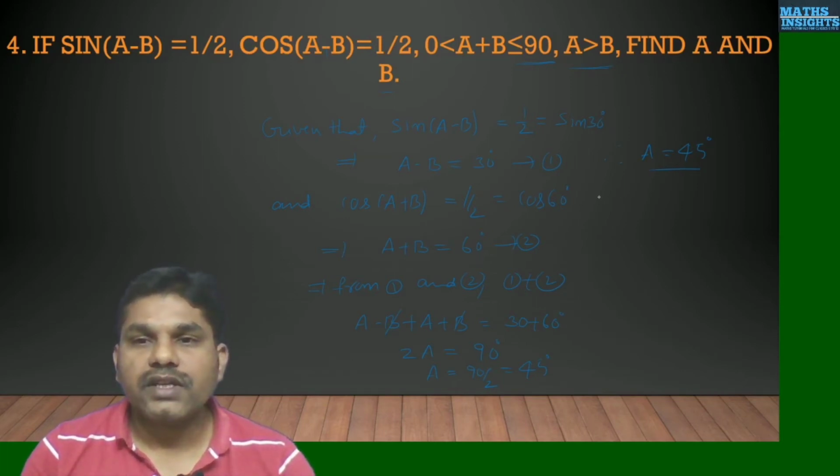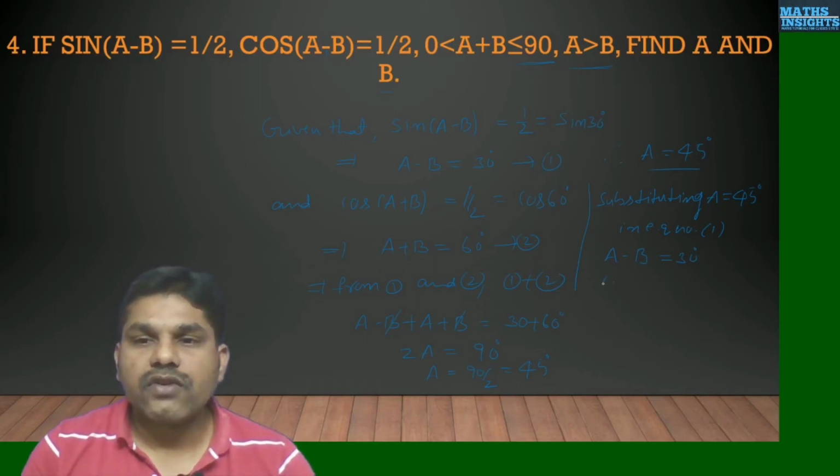Now they are saying that a is greater than b and the sum of a and b is 60 degrees. If you substitute a value in either of the equations, you will get b value. Now I am taking equation 1, substituting a is equals to 45 degrees in equation number 1. Therefore a minus b is equals to 30 degrees.